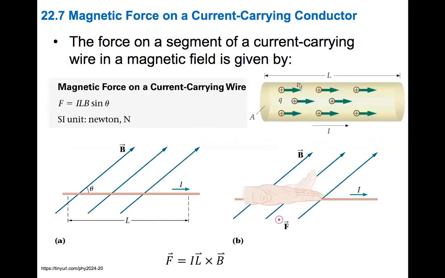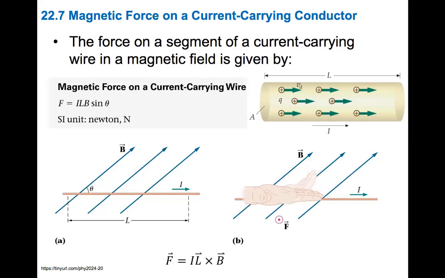Later on, before we had a break and exam 2, we talked about the magnetic force on a current-carrying conductor. If you have a wire that carries current inside a magnetic field, the current is due to the movement of charges. We know that a moving charge will experience a magnetic force.